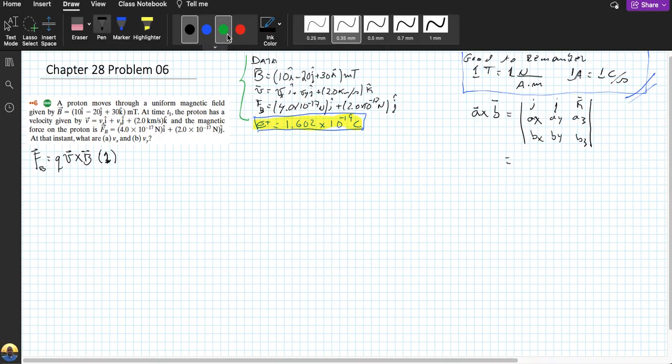So I will show you how I do it, and you can do whatever you want. The way that I think about this is, if I need to start with my i component, my x, I will cross this one, I will cross this one, and I will work with Ay and Bz.